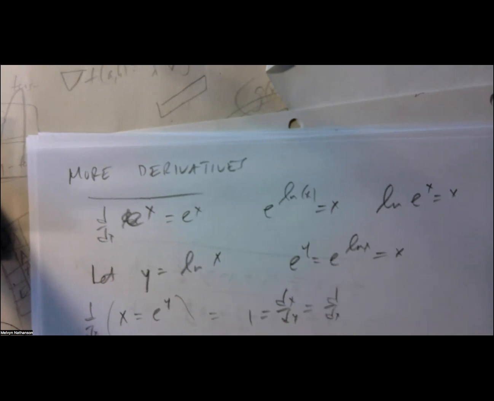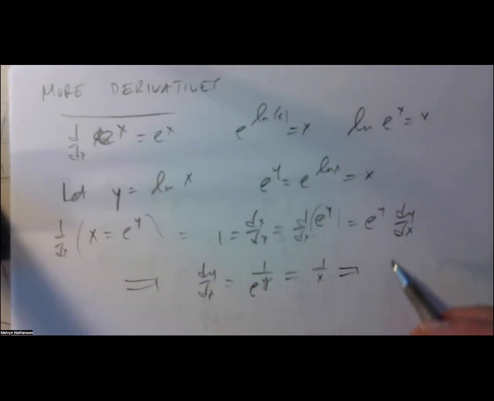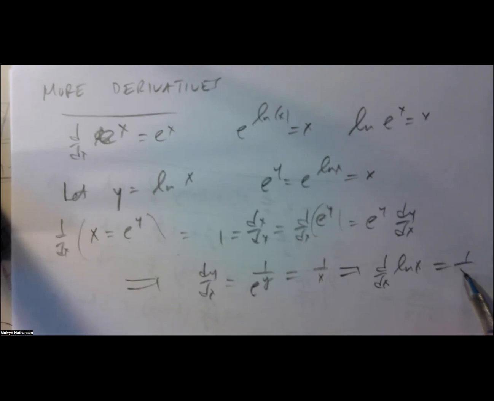And that's going to be the same as the derivative with respect to x of e to the y, which by the chain rule is e to the y times dy/dx. So that means that dy/dx is 1 over e to the y. And e to the y is equal to x. So 1 over x. So this gives us an extremely useful formula. y is the natural log of x, so the derivative of the log of x is equal to 1 over x.